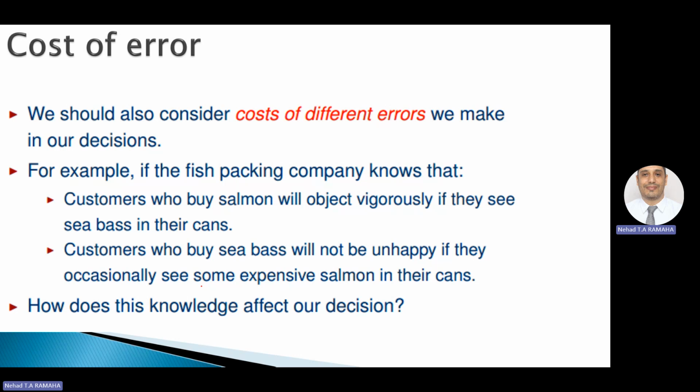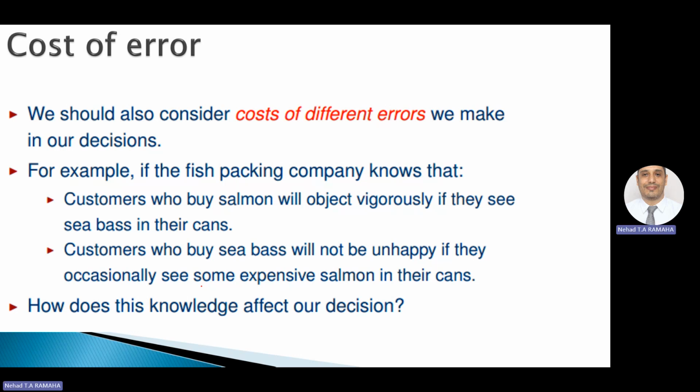You will be happy, except if you don't like salmon, yes? So as a company in this case, you will train the classifier to classify a 50-50% fish as sea bass.